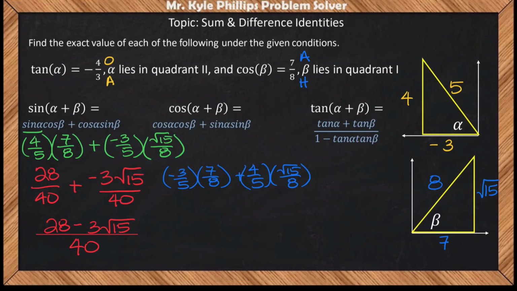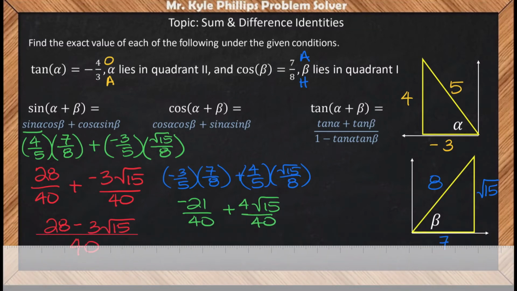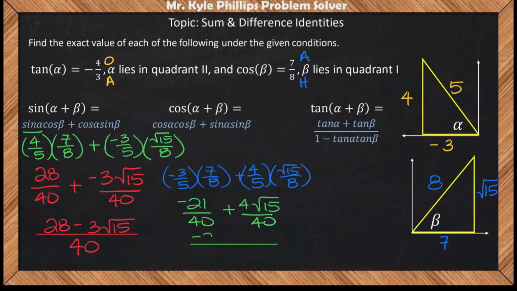So here I can multiply straight across, and I'm going to get -21/40 plus 4 root 15 all over 40. Again, my denominators are the same, so I can write this as one fraction. So I have -21 plus 4 times the square root of 15, and this will all be over 40.